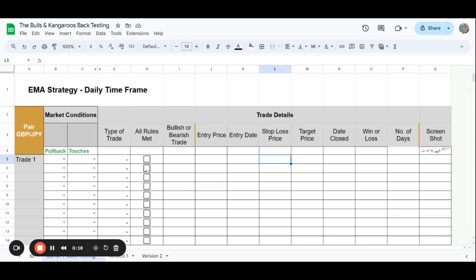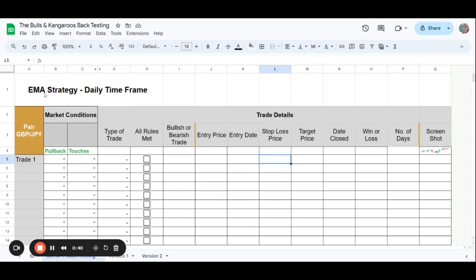You'll see there are lots of people that have similar sheets or very different ones. This is how I record my trades, and I would encourage you to also follow something very similar to this, if not exactly the same.